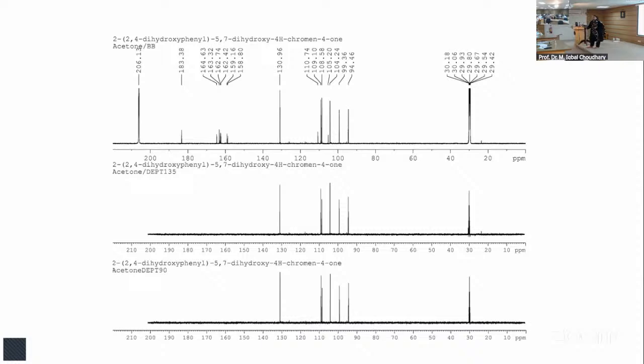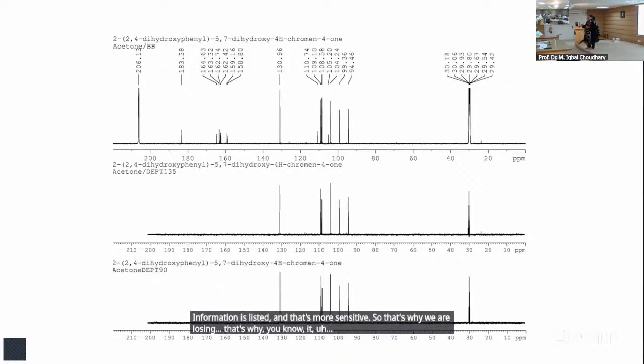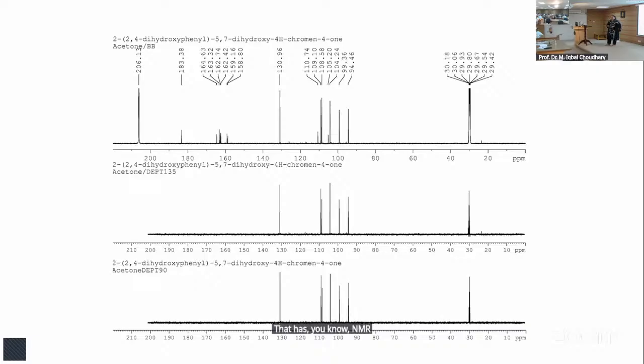The pulse sequence has changed, the information is the same, and it's more sensitive, so that's why we are using that one. With the passage of time, new pulse sequences are being invented, because NMR has a big problem of insensitivity, and so people are working to get better pulse sequences and better sensitivity. Good question. Any other question?